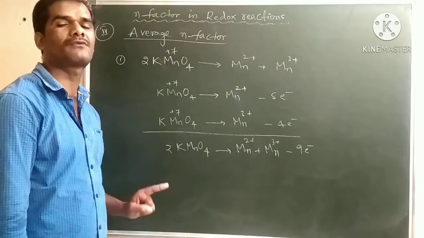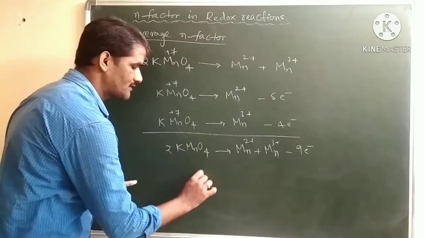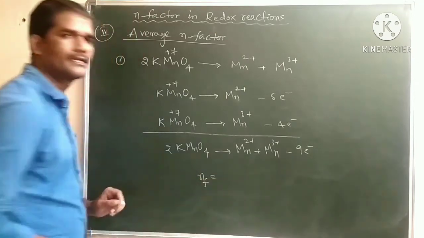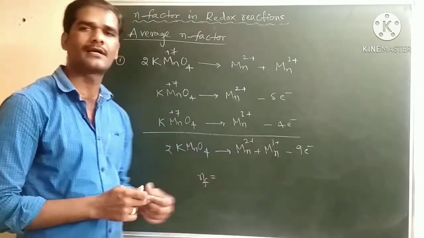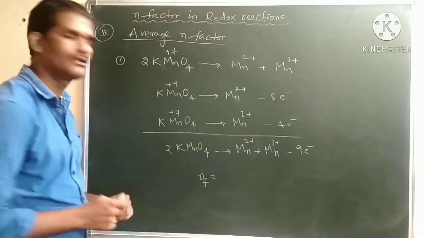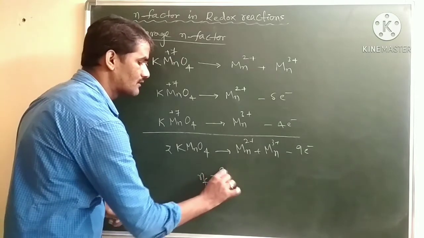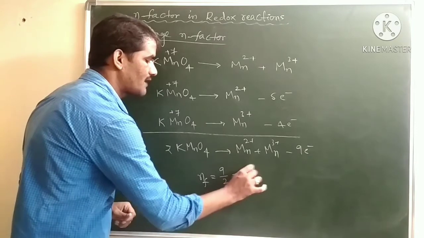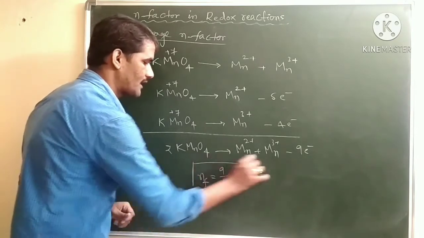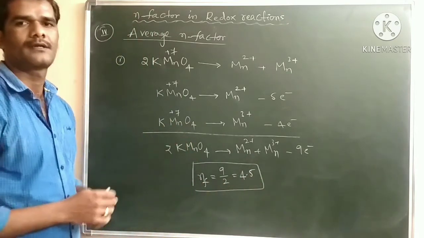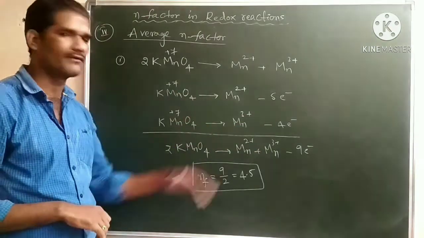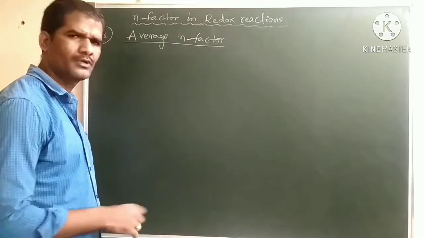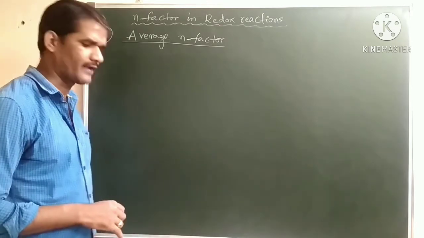Then what is the N factor? You have to take it per molecule. Here 2 molecules take 9 electrons, then 1 molecule takes 9 by 2 electrons. That is 4.5, the N factor for KMnO4. It is neither 5 nor 4. This is an average. We will take some more examples for this average N factor.